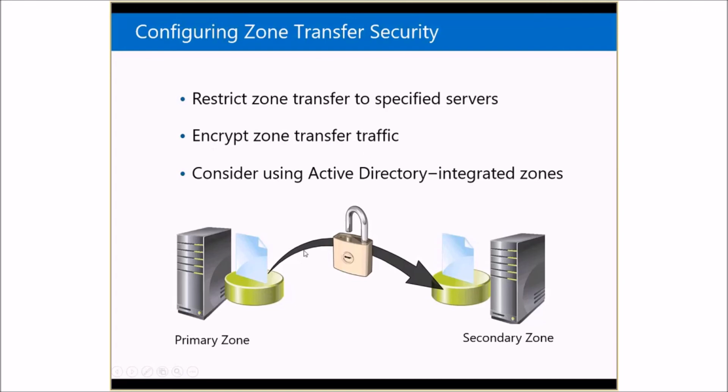Encryption means to scramble the data so no one can read it, so people can't capture the information and read it. And we can also use Active Directory integrated zones, which means that there's no need for zone transfers. All the DNS is replicated with the replication of Active Directory. So here are some ways for securing your DNS zone transfers.